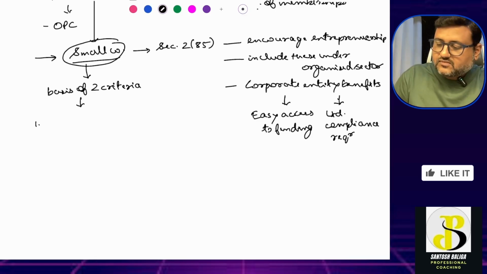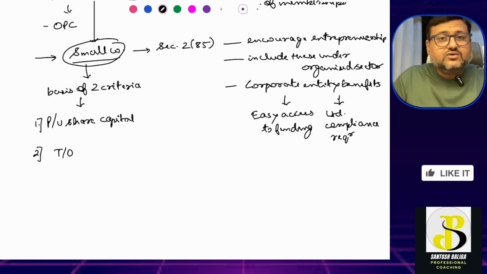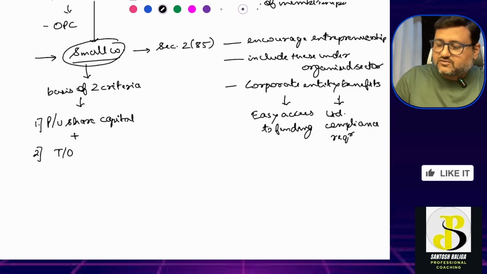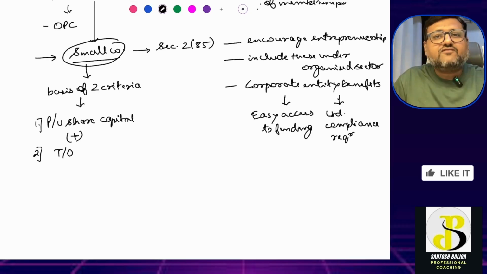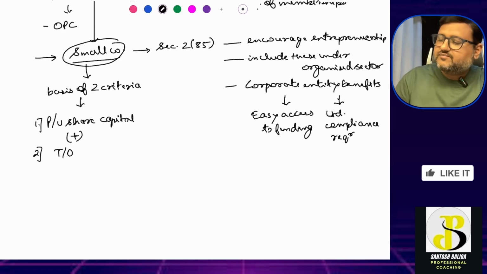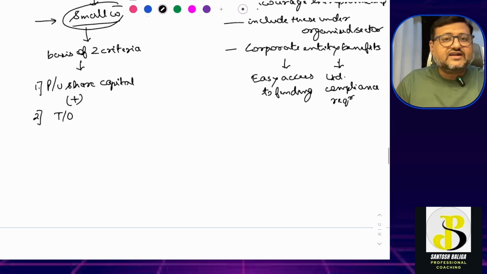Okay, the first criteria is on the basis of the paid up share capital, and the second is on the basis of turnover. Now such company has to fulfill both the conditions, and even if it fails on any one of the criteria, then it will not be considered as a small company. Okay, now we will get into the details of the definition that has been provided.